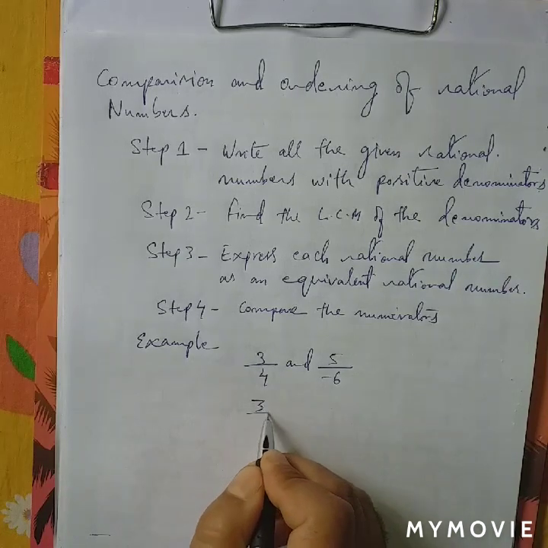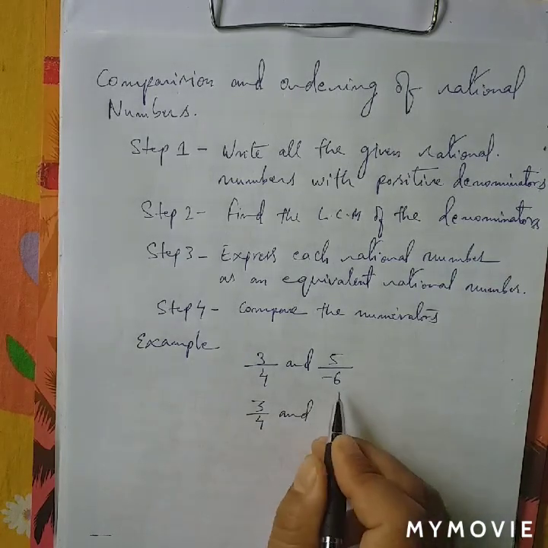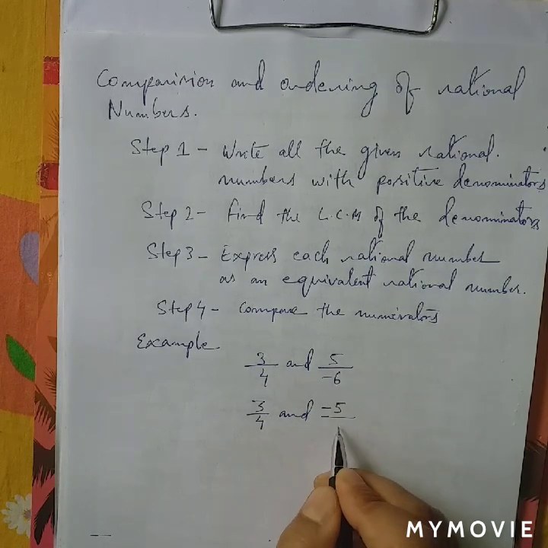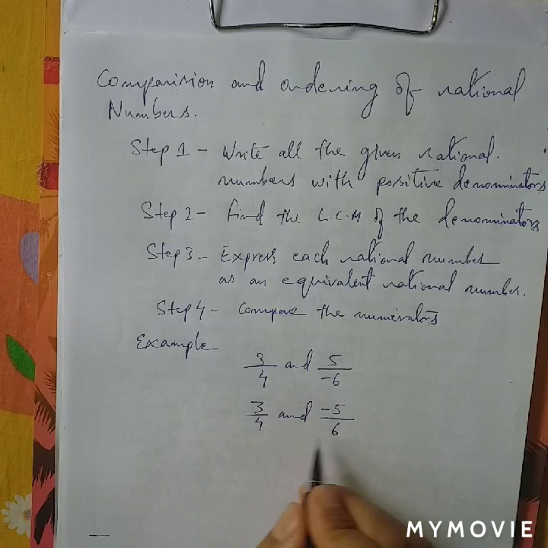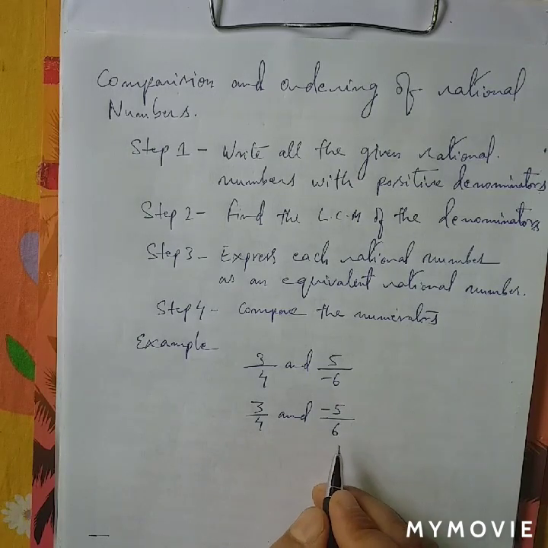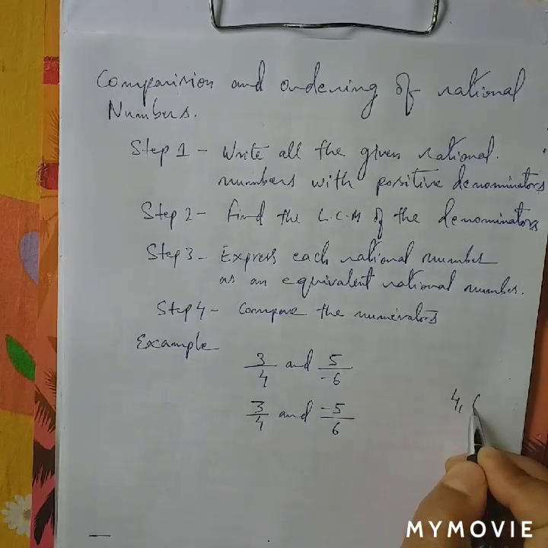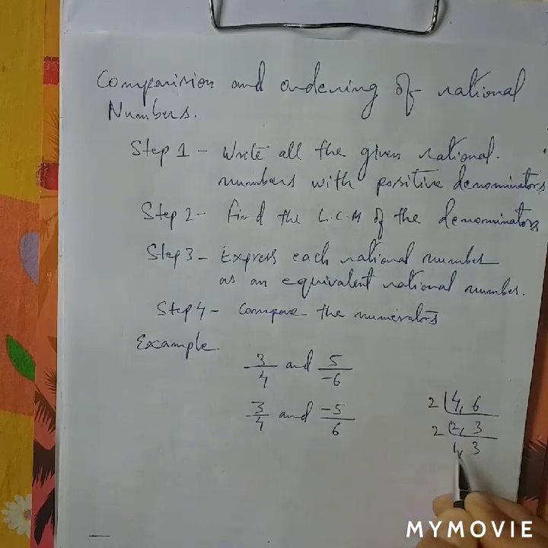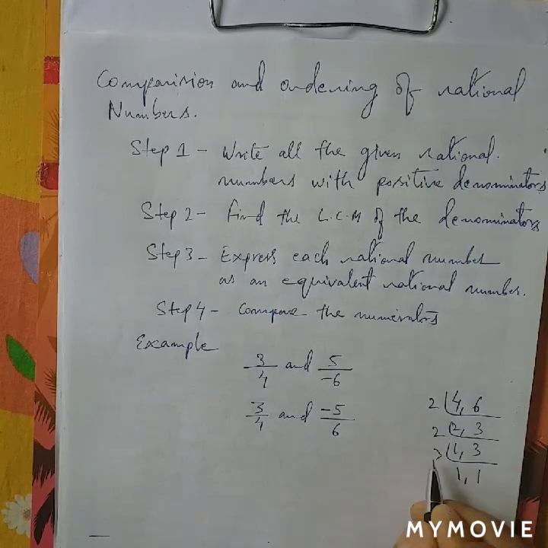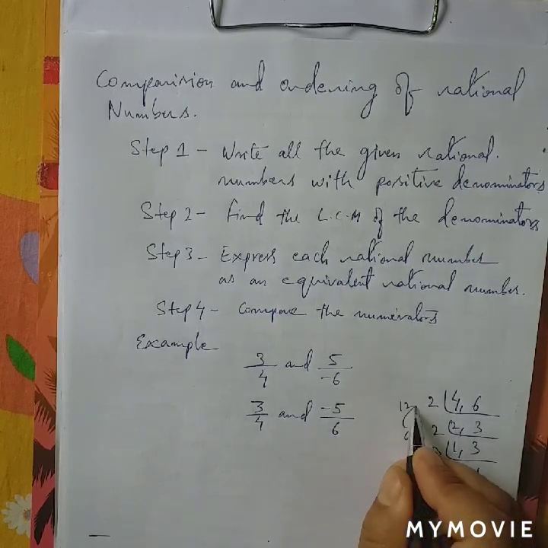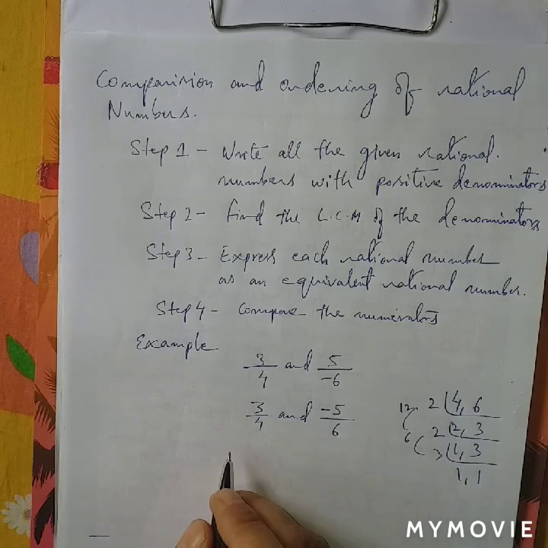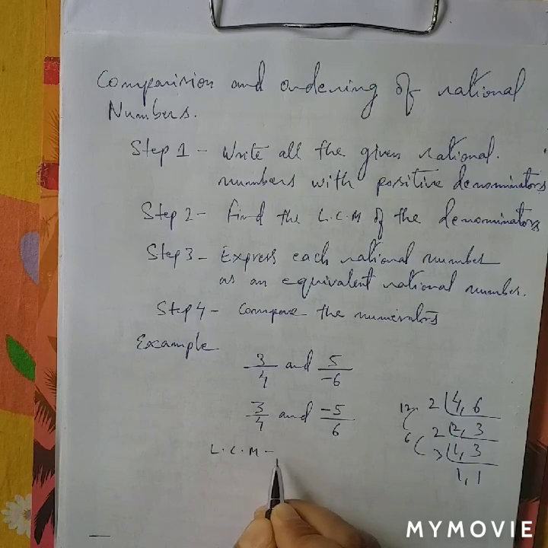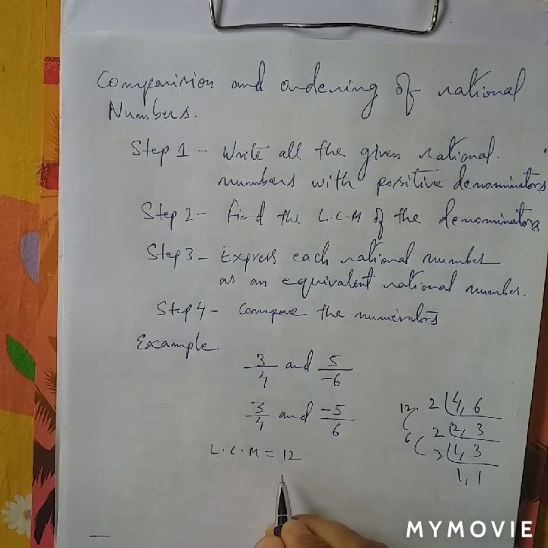So 3 by 4 stays, and simply we can shift this minus sign to the 5, and this becomes a positive denominator. Now next is to find the LCM of 4 and 6. LCM of 4 and 6, how much? 3 2s are 6, 6 2s are 12. So 12 is the LCM.